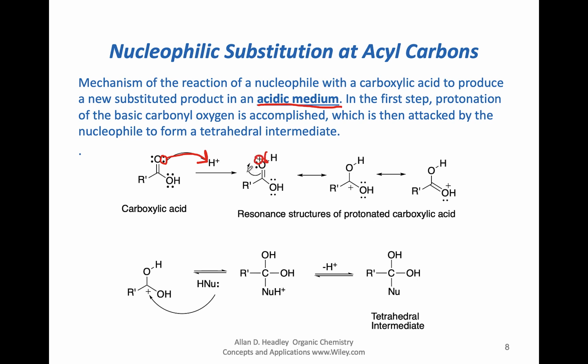Don't forget your formal charges. What it reveals also is that this carbon here is positive after drawing different resonance structures. So the nucleophile can attack this carbon, since it's electrophilic, to give this tetrahedral intermediate. Notice because this is protonated, we can take it back off to get a tetrahedral intermediate as shown here. That's not the product, it's a tetrahedral intermediate.